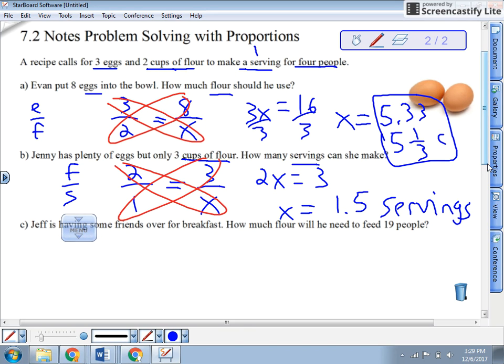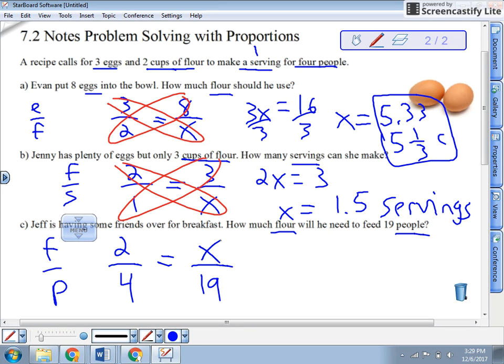Final one. Jeff is having some friends over for breakfast. How much flour will he need to feed 19 people? Now we're going flour to people. In the original problem, 2 cups of flour feed 4 people. Now he has 19 people, and people go on the bottom. How much flour?